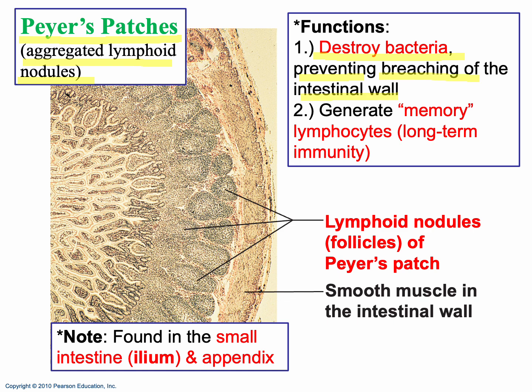So they prevent the breaching of the intestinal wall, destroying that bacteria. They also generate memory lymphocytes for long-term immunity. The Peyer's patches are found in the small intestine, typically the last region, known as the ileum, and also can be found along the lining of the appendix.